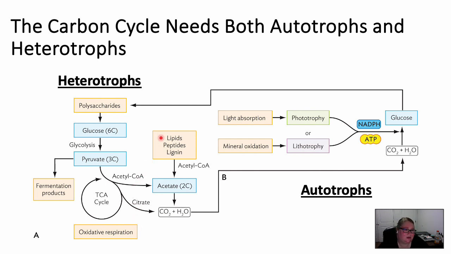Okay, heterotrophs can also use things like lipids and peptides and lignin in order to make energy and to use these for carbon. But the result is, either way you come in with heterotrophs, we're going to make that carbon dioxide and that water that's going to go back and be used by autotrophs in order to make glucose again. Okay, so I kind of understand the carbon cycle here.